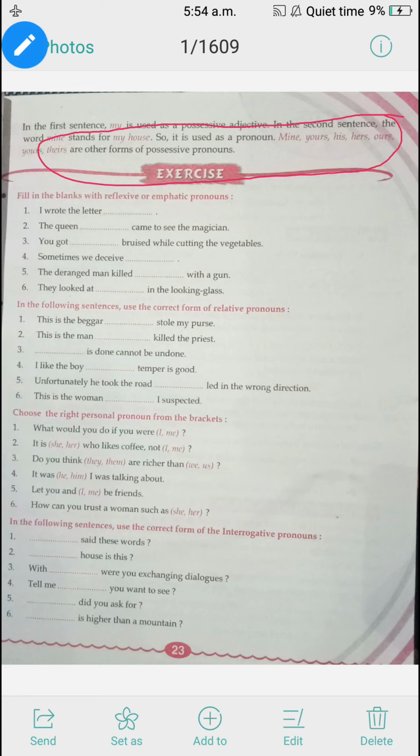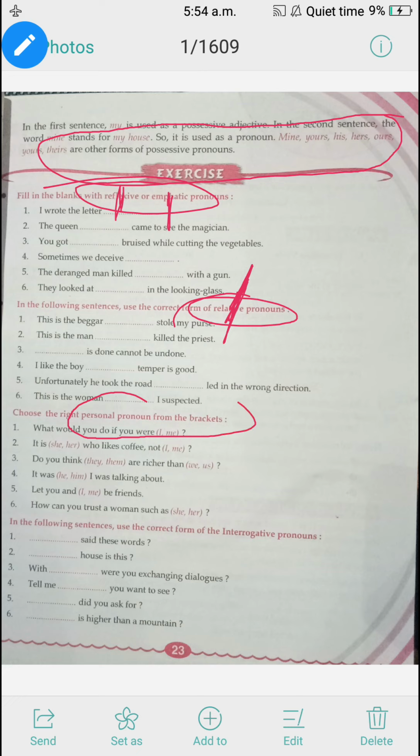Students, now you have to fill in the blanks with the reflexive and emphatic pronouns. It is for itself, it is for laying stress. Use the correct form of relative pronouns, relation, relates, and choose the other personal pronoun from the bracket.